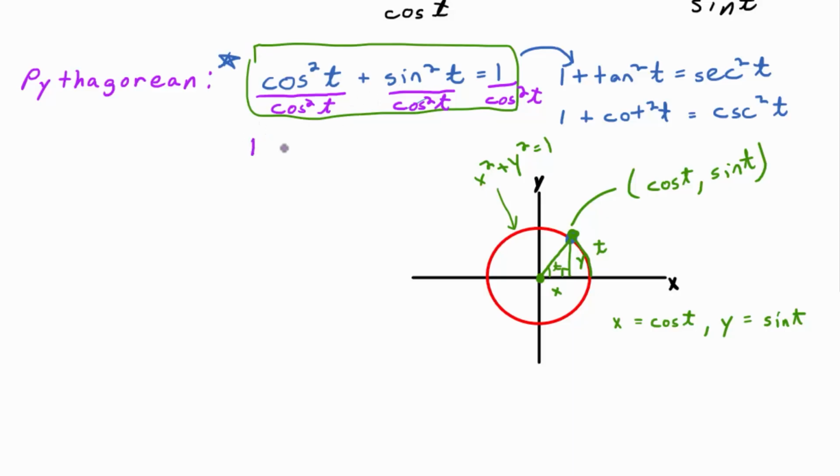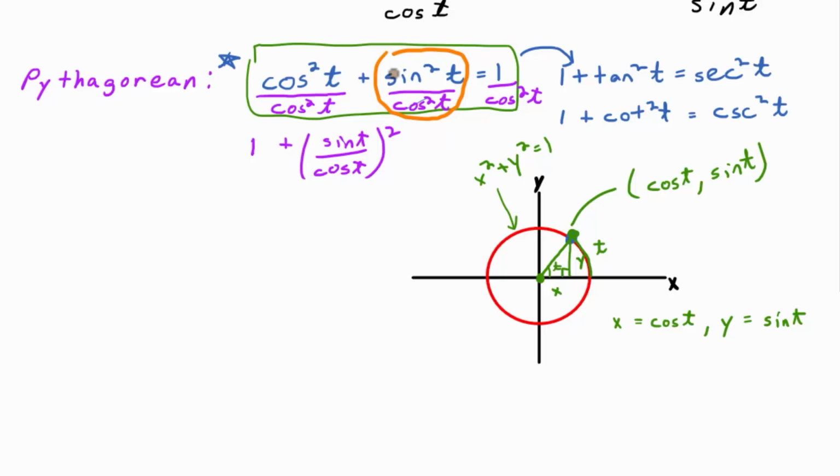And then this second guy, the exponent splits up over division, but it also combines over division. So you can think of this second guy as sine of t over cosine of t, the whole thing squared. In other words, the exponents are separated, but over division, you can recombine them. Same with multiplication, but not addition or subtraction.